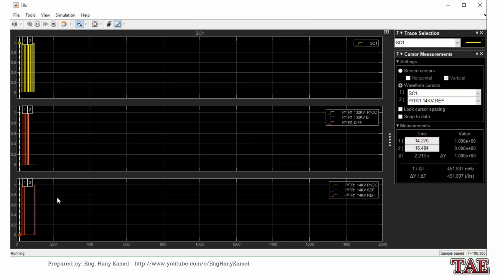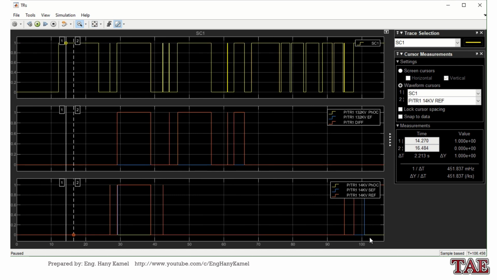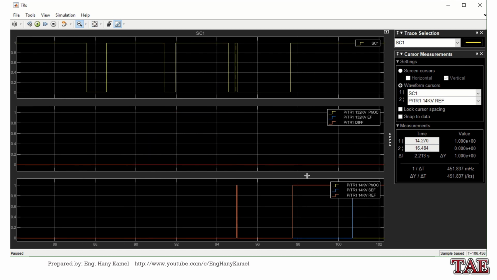You can see the differential, the restricted earth fault operated, then the standby earth fault operated for low voltage side.